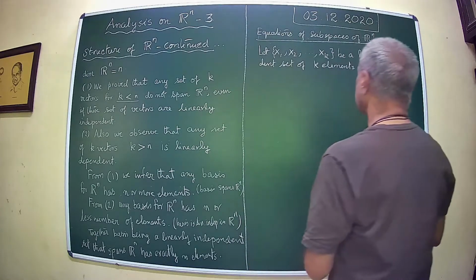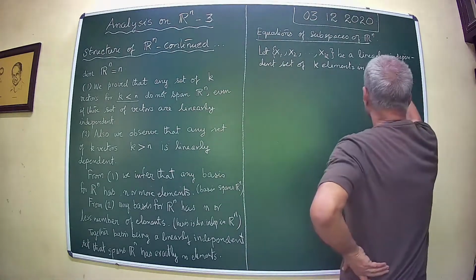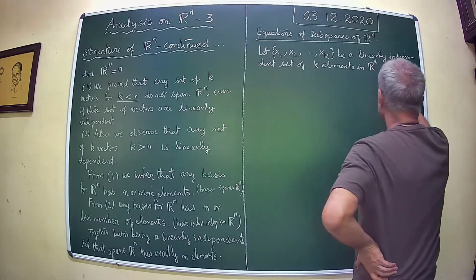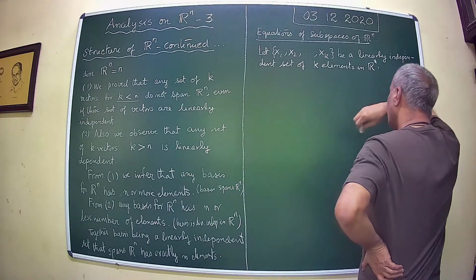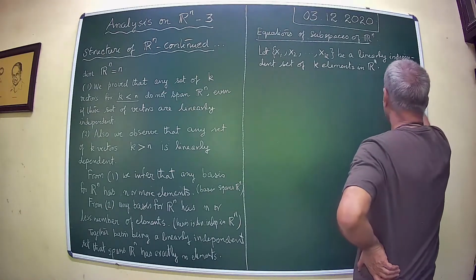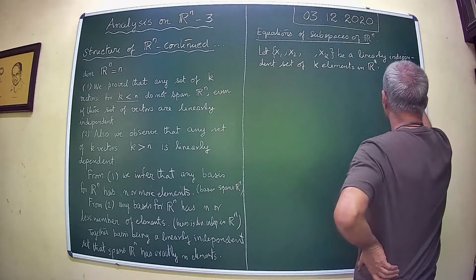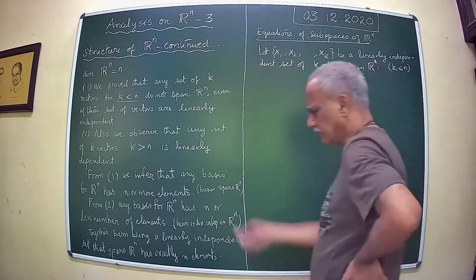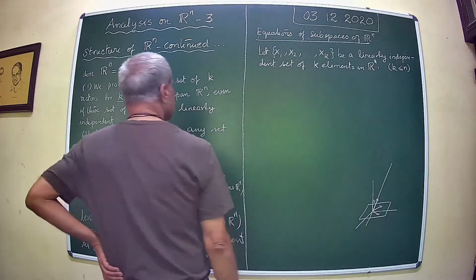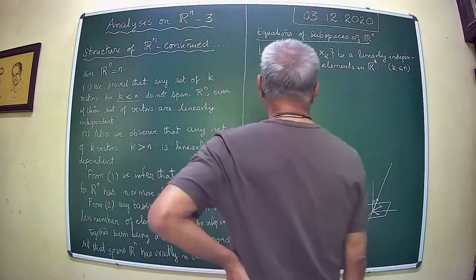Then you see that, then what do you have? Then this means K is certainly less than or equal to N. That we already have.